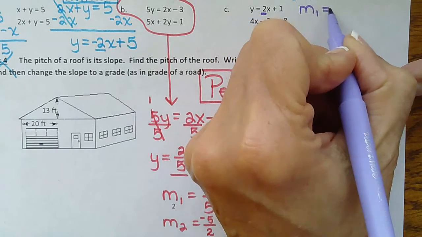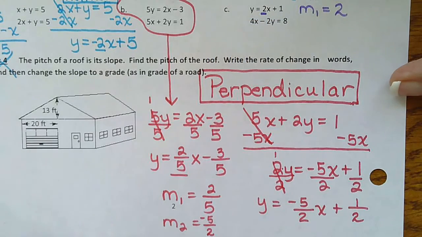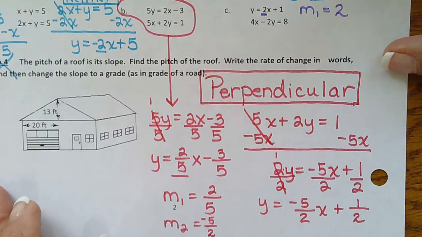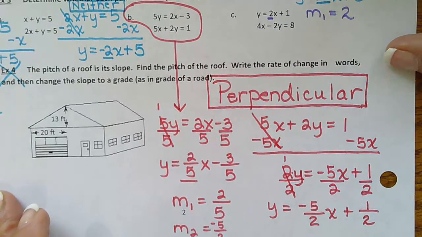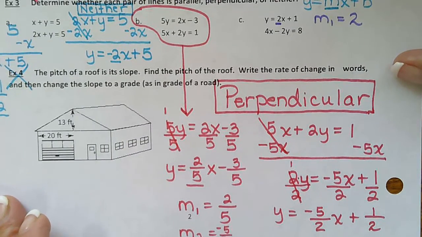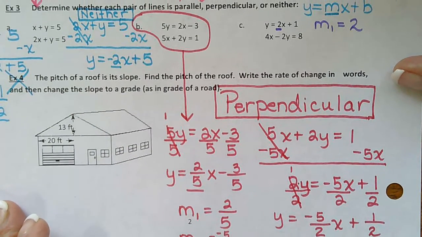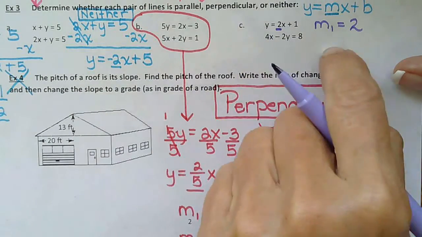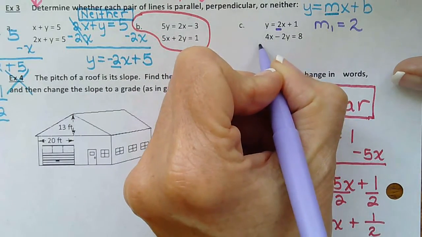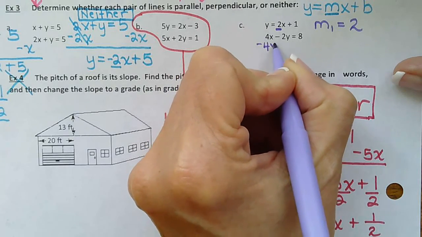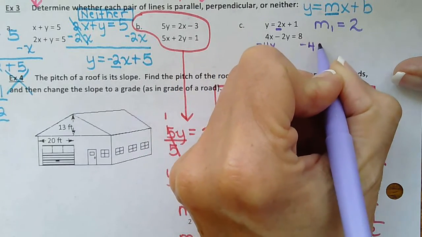So the first slope is 2. Done. Oh, I like those kind. So this one is going to take a little bit of work though. So we need to get y alone, which means I need to move the x over here. So the 4x is positive, so I need to do the opposite to move it to the other side.